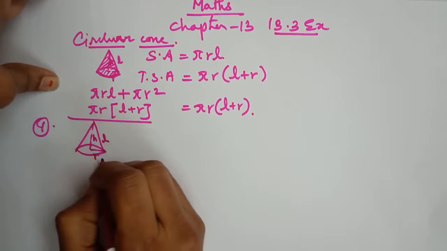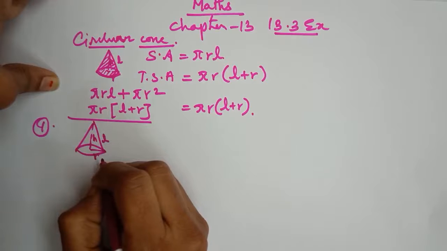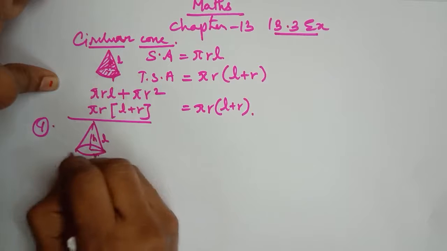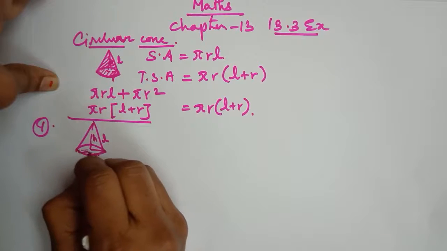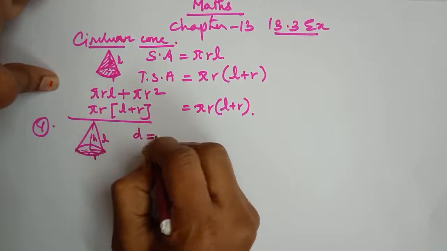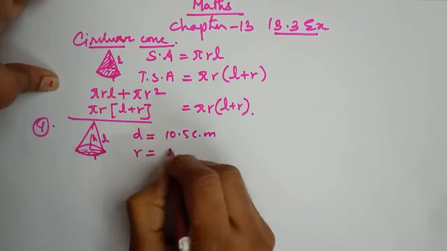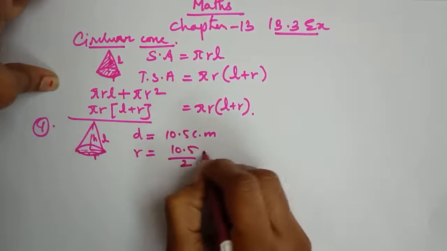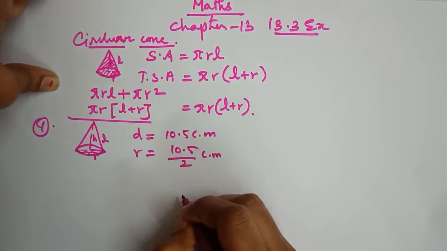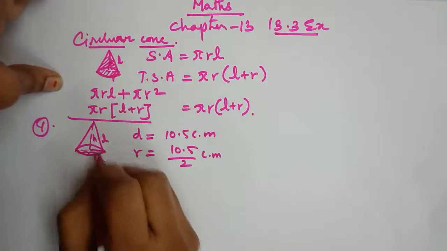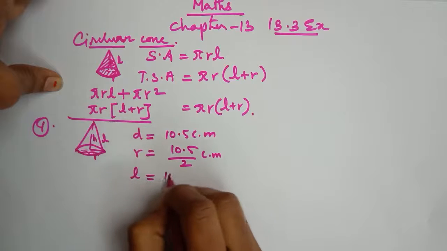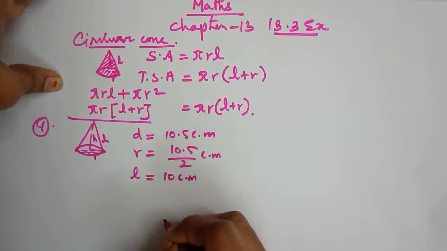We are given the diameter of the base of a cone is 10.5 centimeter. So D is equal to 10.5 centimeter. Therefore R is equal to 10.5 by 2 centimeter. Then slant height is 10 centimeter. Slant height means L. L is equal to 10 centimeter. Find its curved surface area.